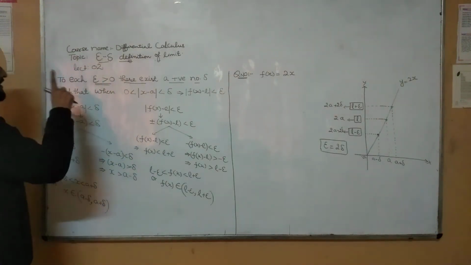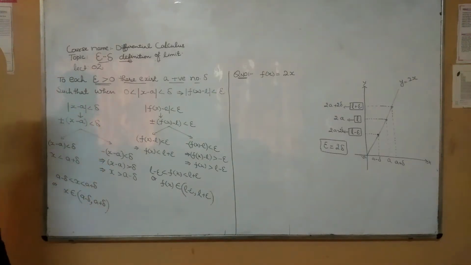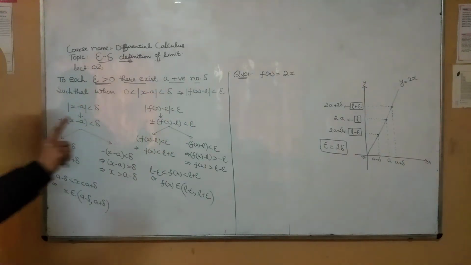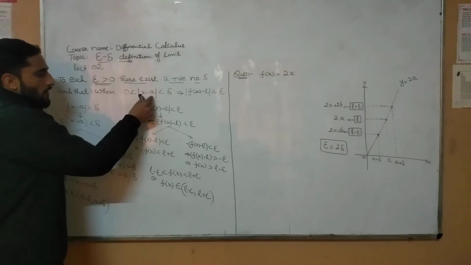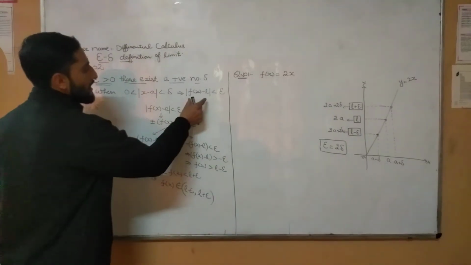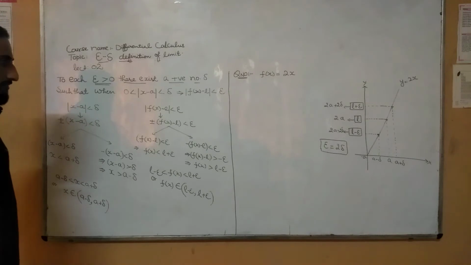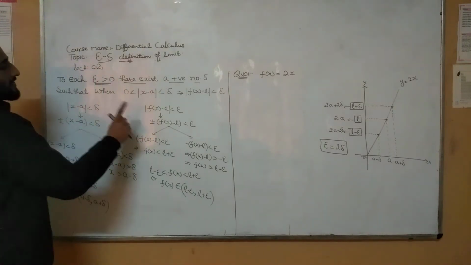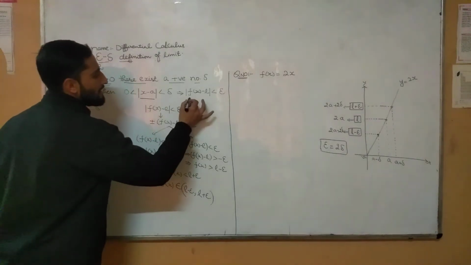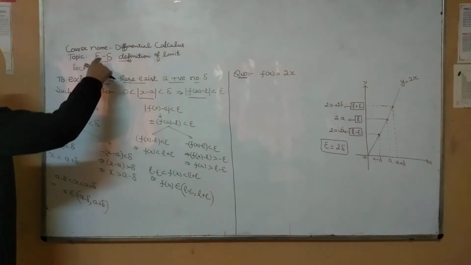First of all, to each epsilon greater than 0 there exists a positive number delta such that when modulus of x minus a is less than delta, it implies modulus of f of x minus L is less than epsilon. In the last lecture we talked about these two points in the definition of limit.